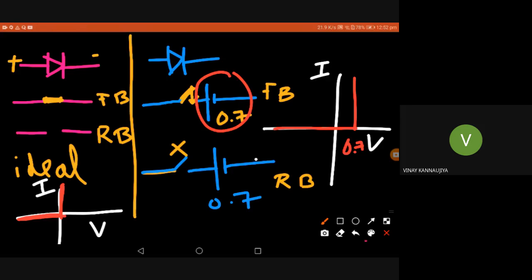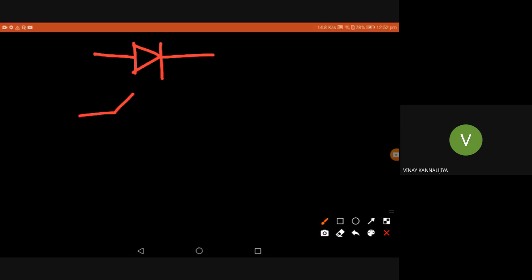Okay. Now, what about the third approximation? We have the first approximation, second approximation. Now let's go for the third approximation. In the third approximation we also have a diode, and in this diode there is a switch, which is on when forward biased, off when reverse biased, and definitely there is a battery and there is a resistance also.